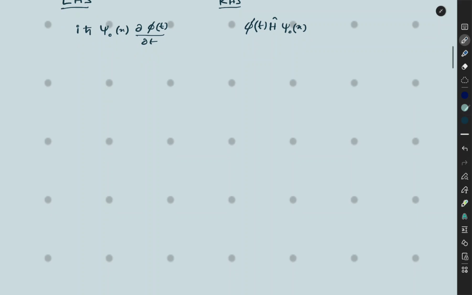So our new equation becomes: iota h cut psi naught of x del psi by del t, or let us take this as psi of t because it is a function of time, equal to phi of t into Hamiltonian of psi naught of x.